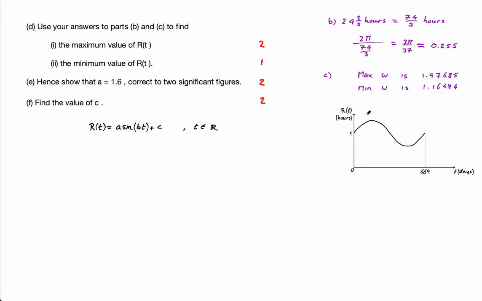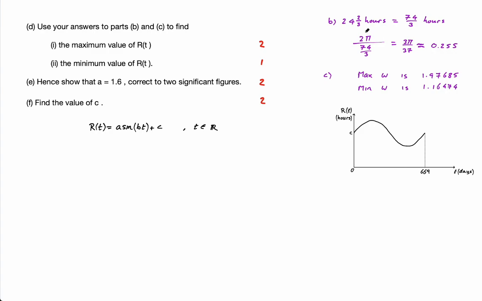Now, the x-axis is the number of days, and the y-axis is the number of hours. We found in part B how many hours there were in a Martian day.